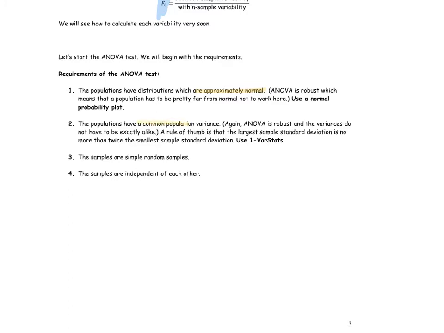Populations have a common variance, and how we do that, and we'll talk about it later, or I can write it down now, but the largest sample standard deviation is no more than twice the smallest. And we could do that using a 1-var stats. So the largest sample standard deviation, so we could just write something like S_L, S is sample standard deviation, L is the largest, is no more than twice the smallest sample standard deviation.